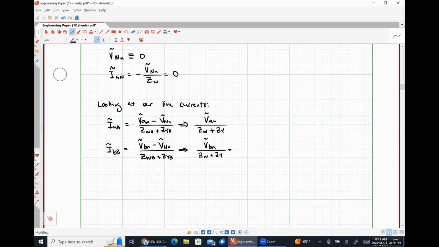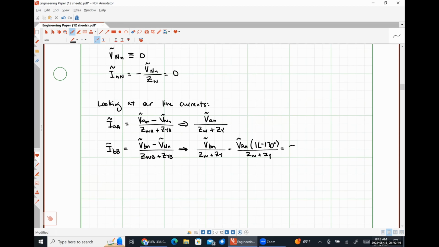VBN over ZW plus ZY is the same thing as VAN times 1 angle negative 120 degrees divided by ZW plus ZY, which is literally the same thing as IAA times 1 angle negative 120 degrees.